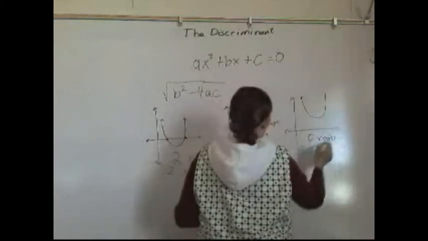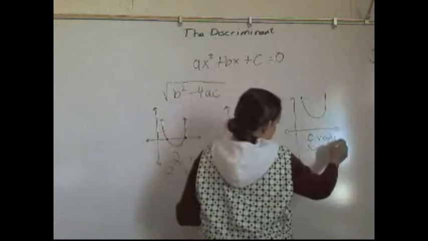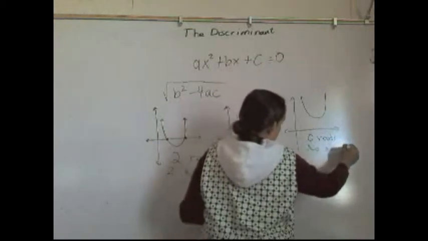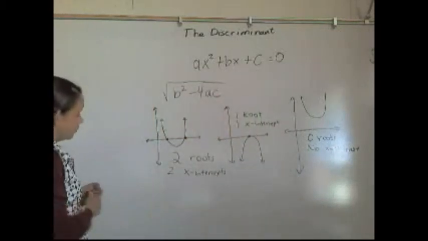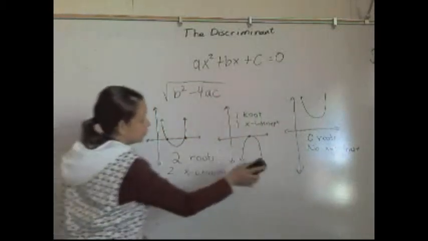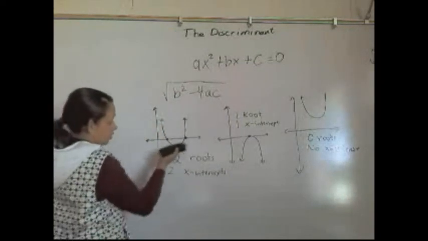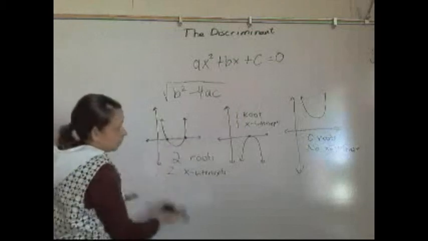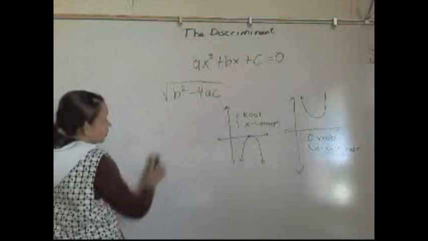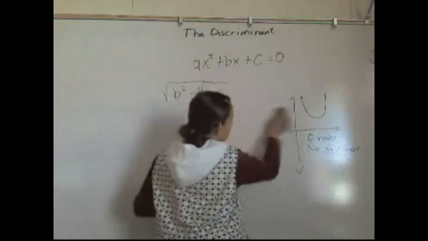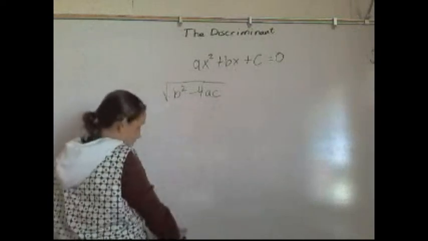Okay? So that will be 0 roots, and there will be no x-intercept. So that's an example of the different kinds of roots that you can have. A parabola can have 2 roots, crossing the x-axis with 2 x-intercepts. It can have 1 root, 1 x-intercept, or 0 roots, which means no x-intercepts.